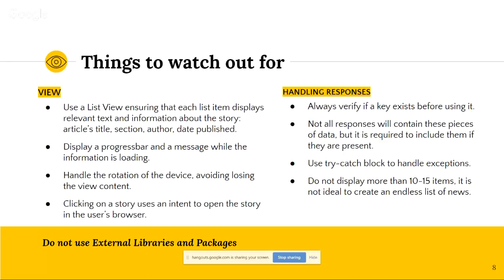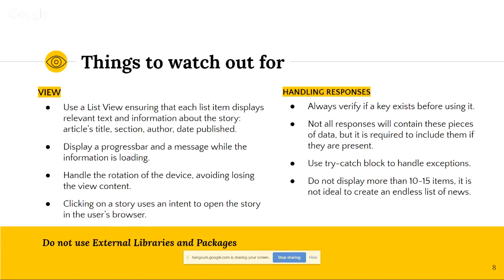That means that if you are looking at an article and you, as the user, click on that name, the app may bring the real article into the user's browser, so the user can access that news. And okay, that's about the view and about handling responses.